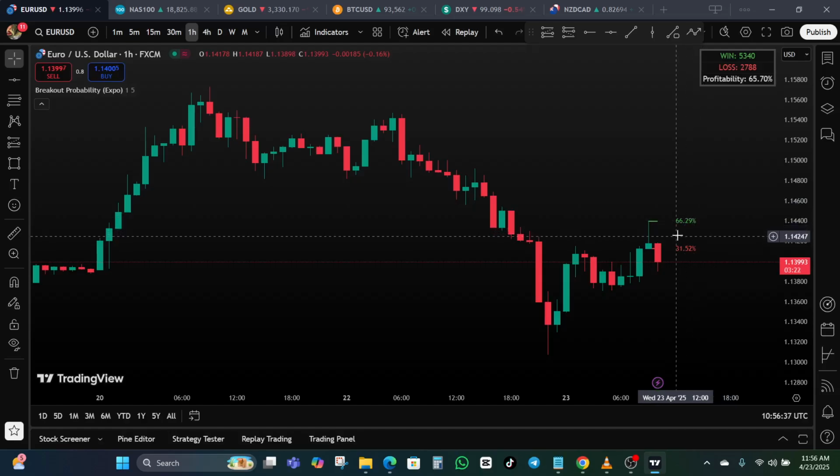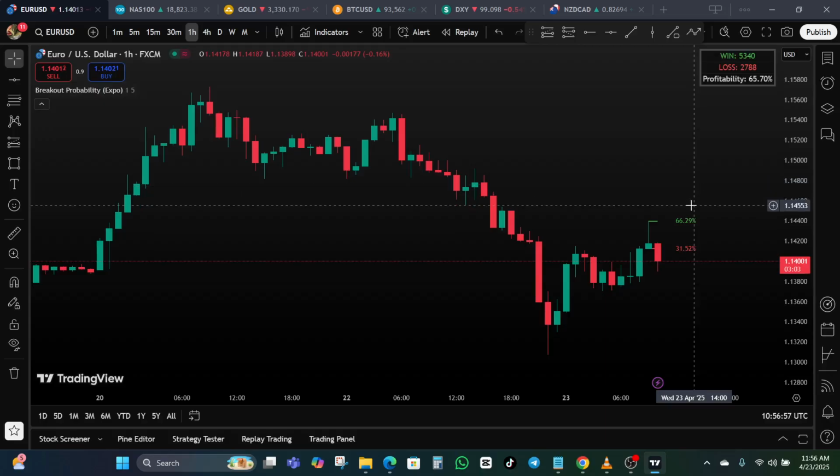Of course, a higher value suggests a strong potential for price to push through. So if you notice a higher percentage on the upside, it means there is a higher probability, based on the indicator's prediction, of the breakout occurring in that direction.